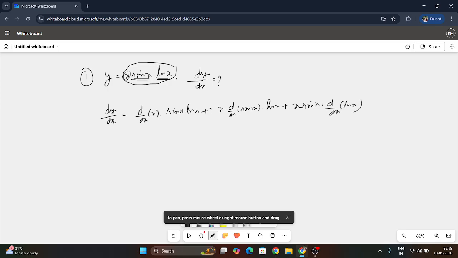In this way, differentiation of the first one and these two constant, then the second and these two constant, and then the last time differentiation of log x and these two constant. I hope it is clear to you.